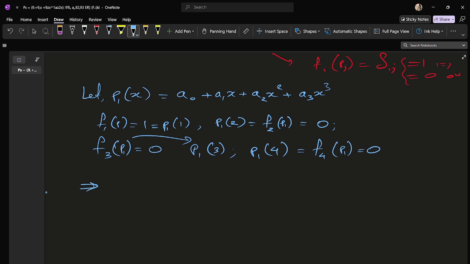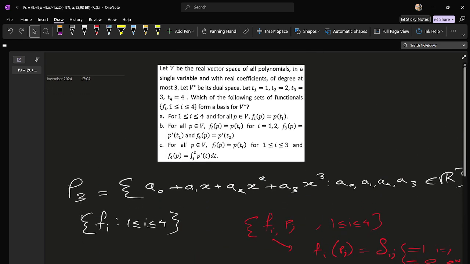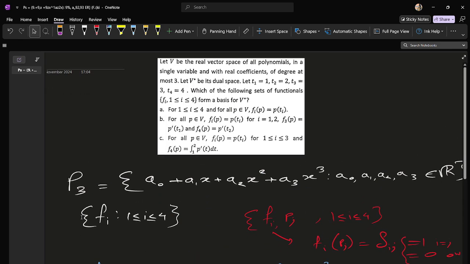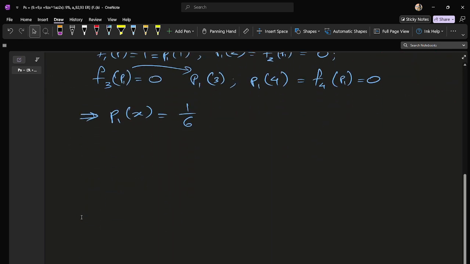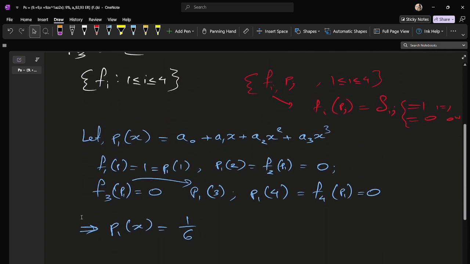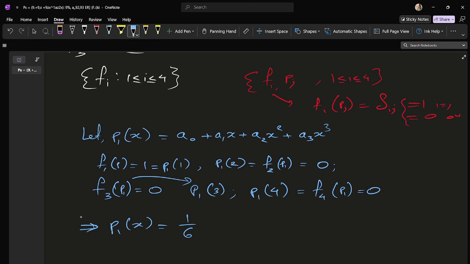So our p1(x) now becomes 1 by 6 times (x minus 2)(x minus 3)(x minus 4).